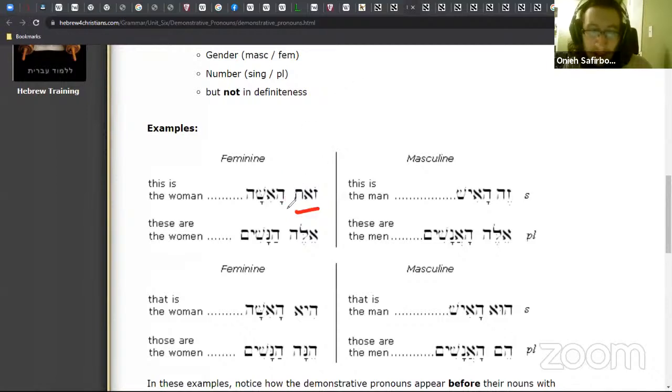So this right here is "the," and then "woman." So we got this, and it's the feminine, right? And then this, but it's masculine, is "the," because there's a hey prefixed, and then the word for "man."